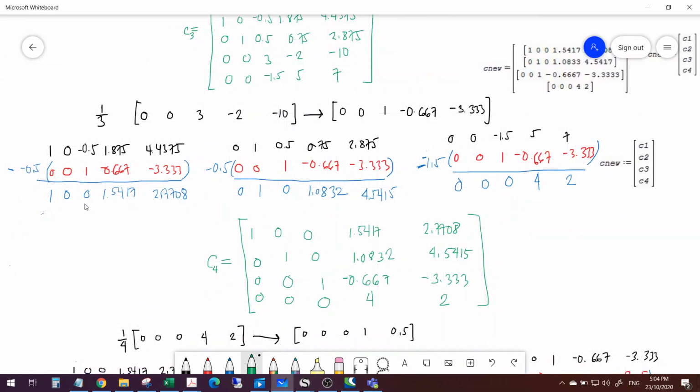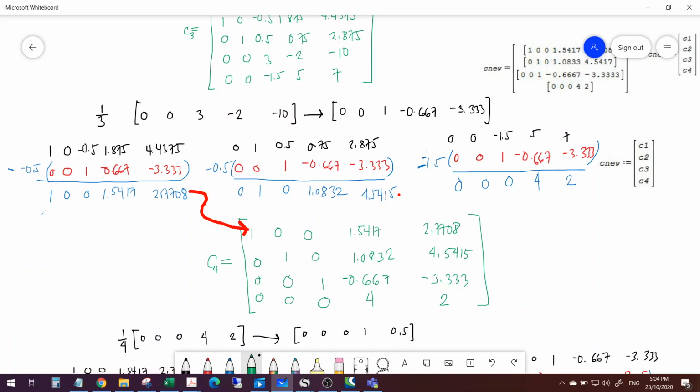You now have another transformed matrix. So our C4: we had C3 earlier, and now C3 becomes C4. So let's just copy this first row here.